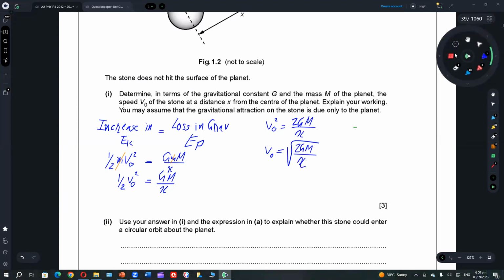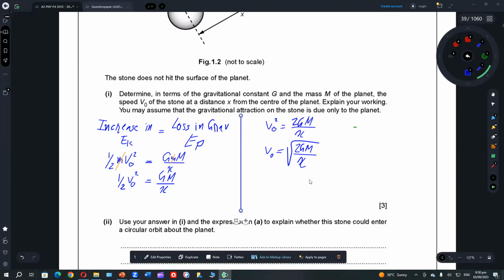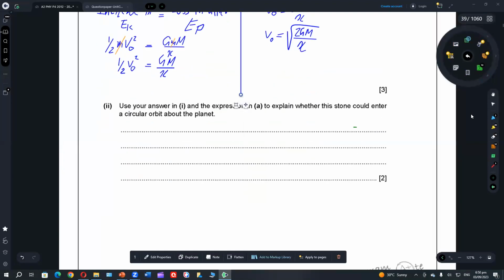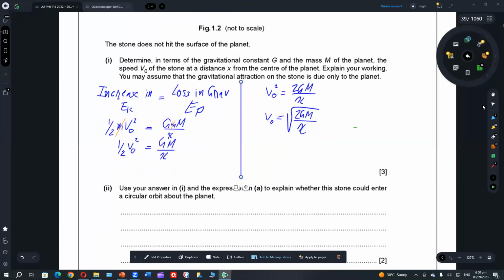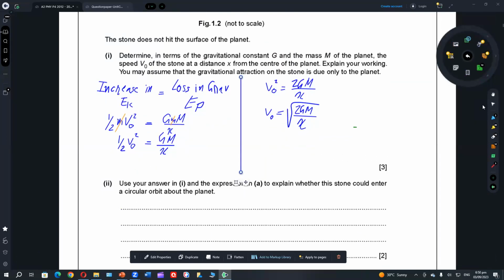This is the formula based upon the idea that loss in gravitational potential equals gain in kinetic. Use your answer in part 1.